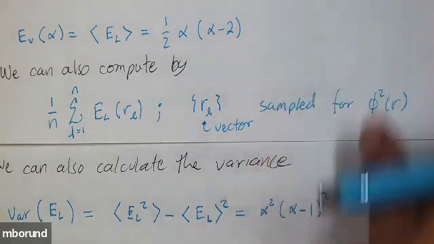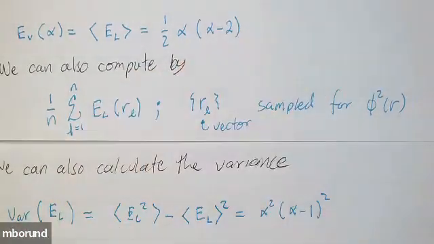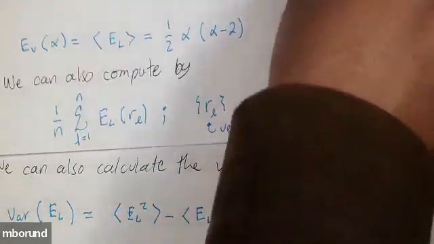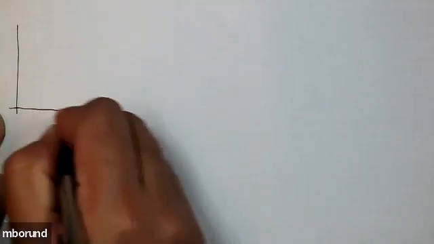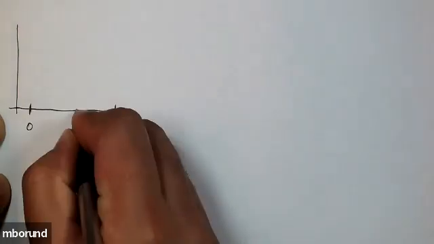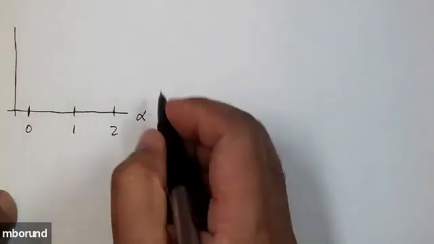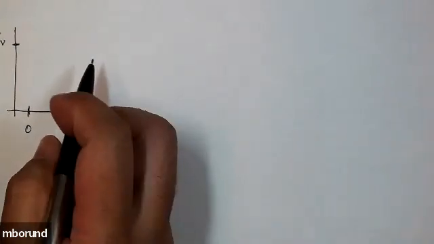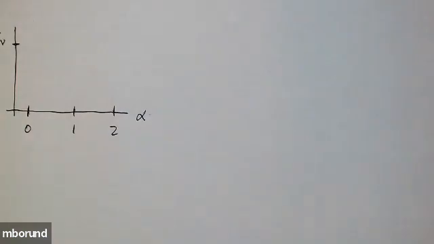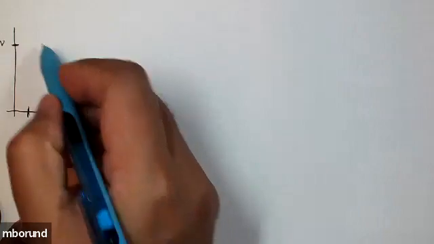So now, if I know what my energy looks like and what the variance looks like, if you were doing this numerically, you could plot it out. And have your variational energy here as a function of the parameter alpha that goes from 0, let's say, to 2. This is the variational energy. And you actually can calculate it.